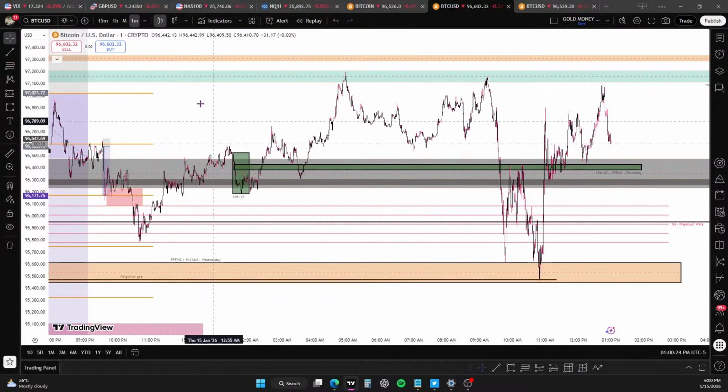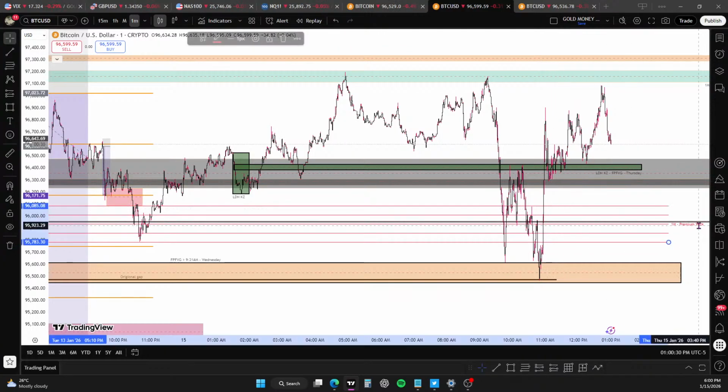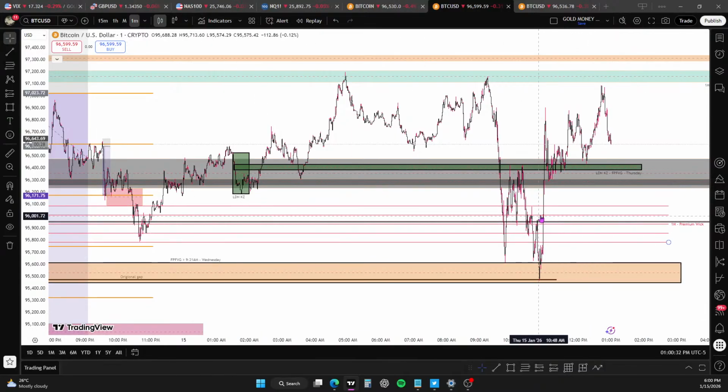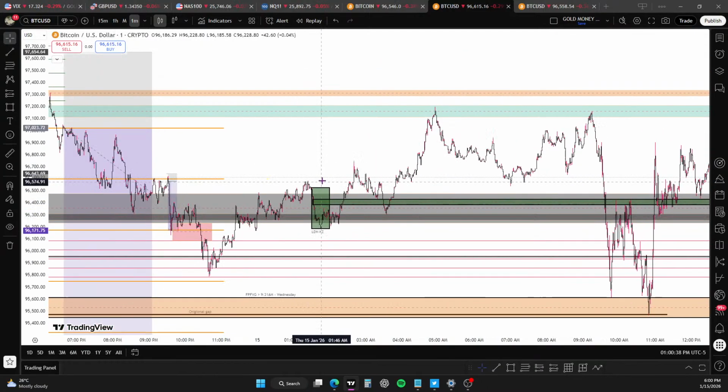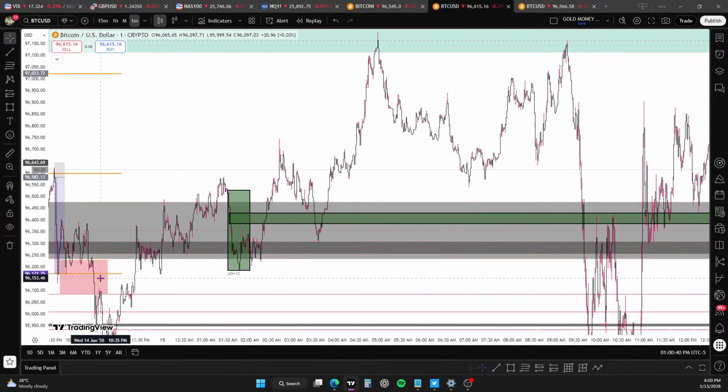Oh, there's something else I need to do. Sorry, I don't need to mark any random fair value gap. I already have. Look, my previous analysis, my original analysis, already overlaps this area perfectly. So I don't need to add extra drawings there. What I do need to do is look at this, my beautiful gap.